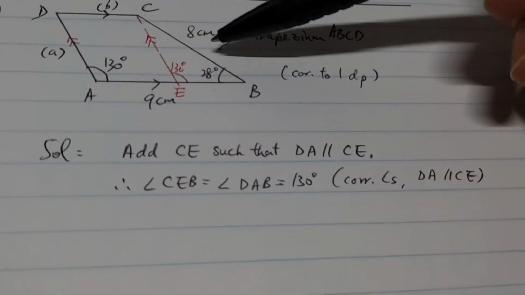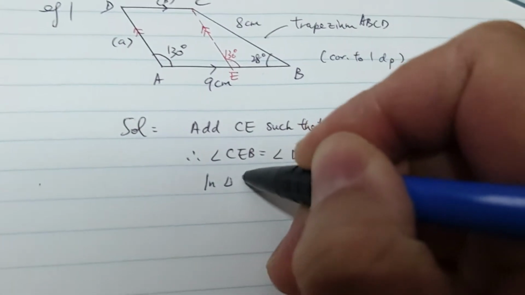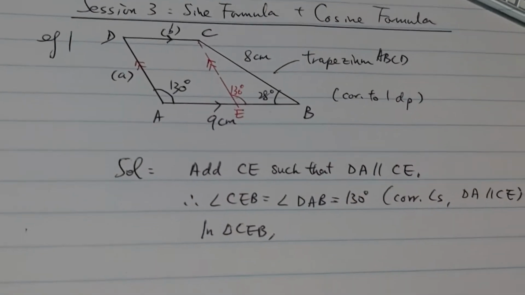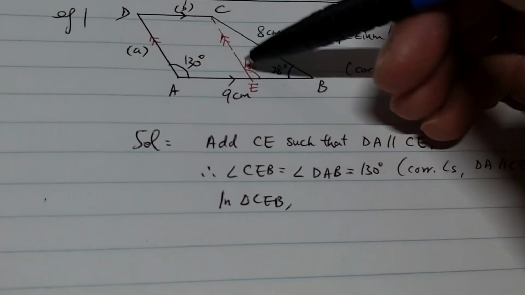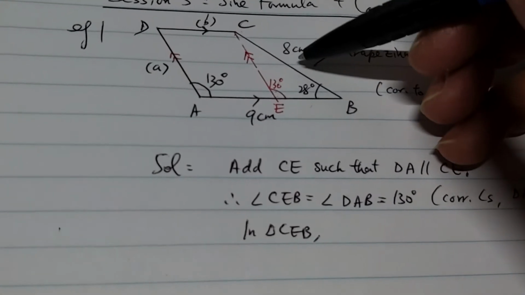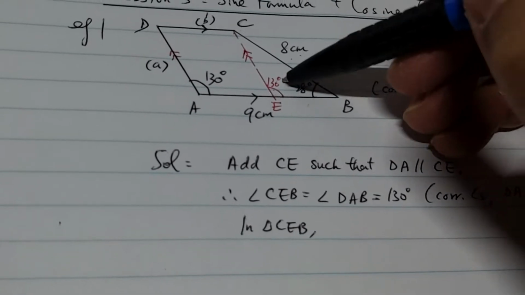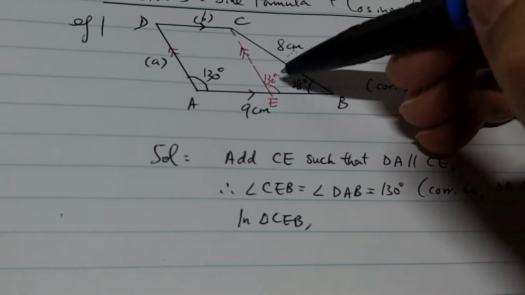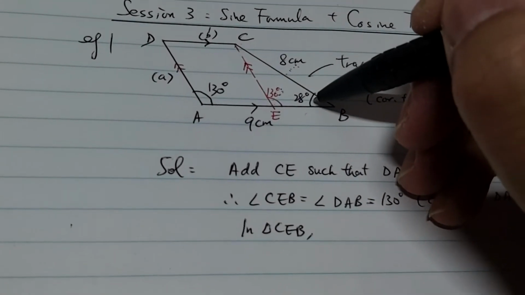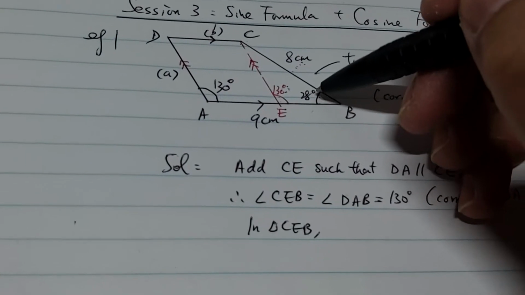So we now focus on this triangle. Can we find EC? Yes, we look at this. This is x, this is 130 degrees. They are parallel, the corresponding angles. So if we get this angle, we can find this line by using the sine formula.